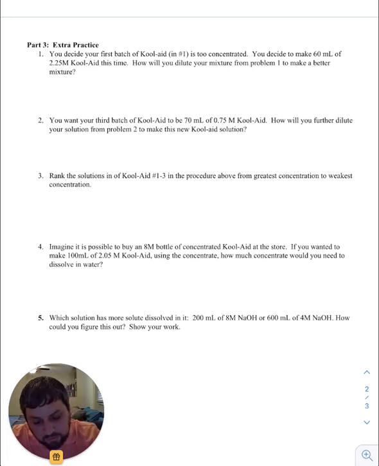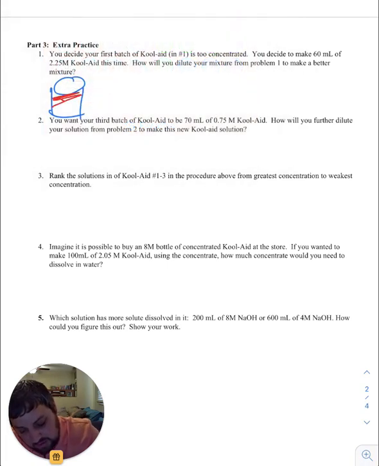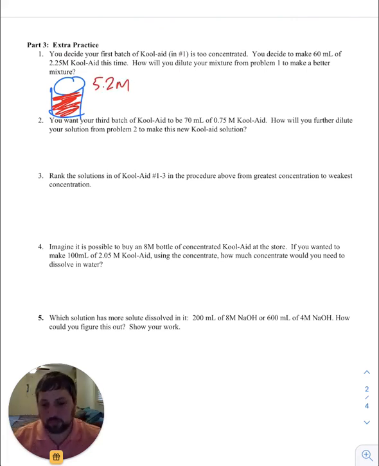Well, again, remember in problem number 1, what we have is a stock solution. Okay, so let's start out with our stock solution. Well, our stock solution is a big giant container, and in it we know that we have 5.2 molar Kool-Aid.